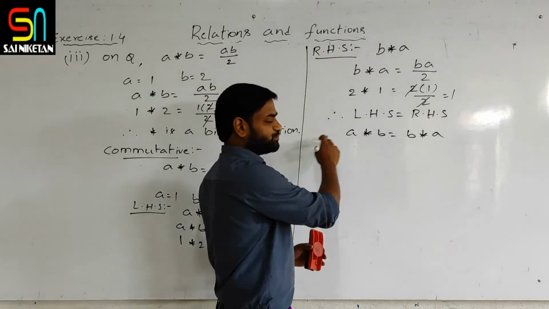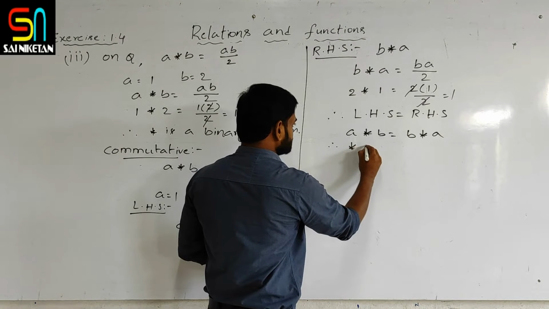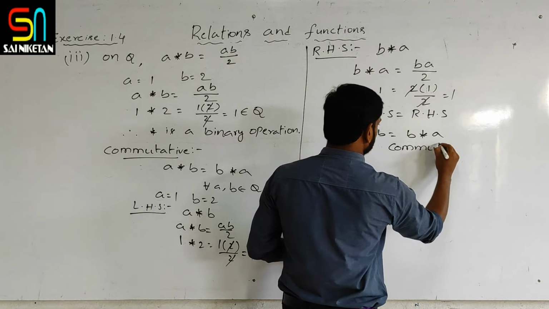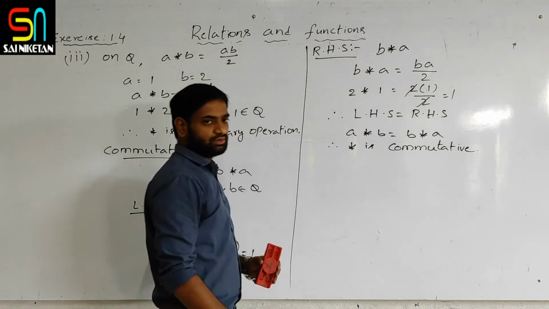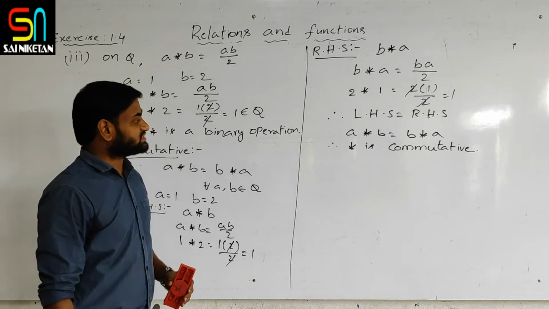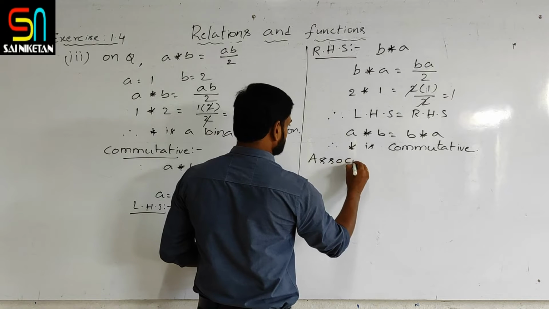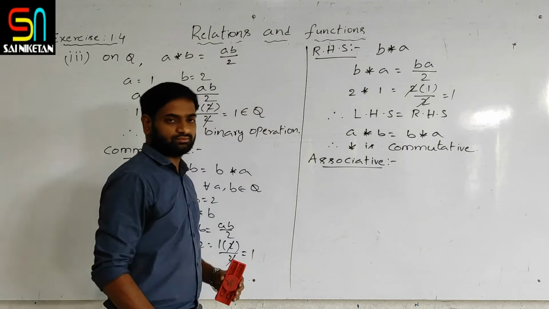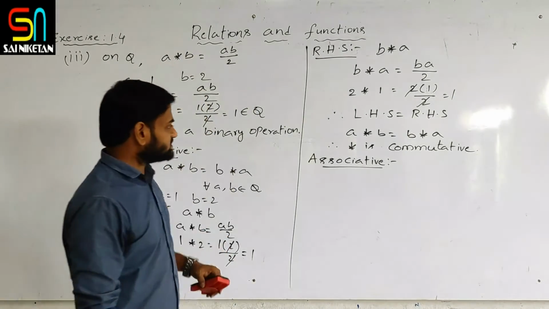So when this condition is possible, then we can say star is commutative. Next, we have to check associative. Is the operation associative or not? So what is the actual condition?